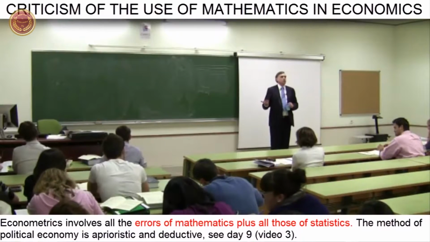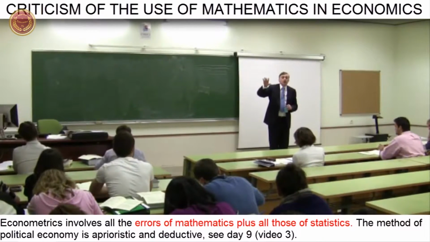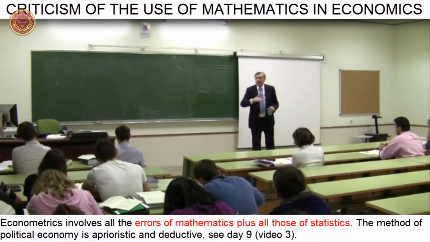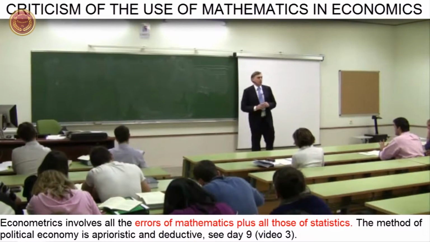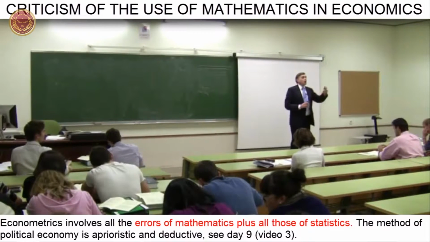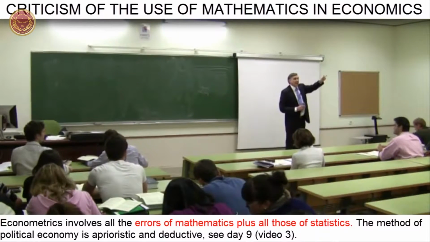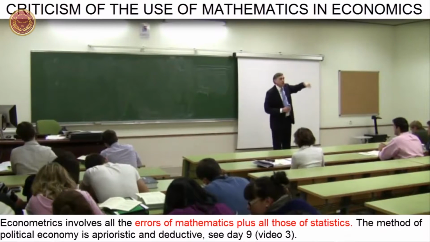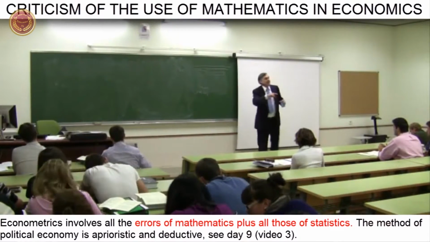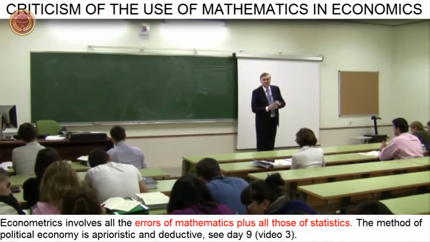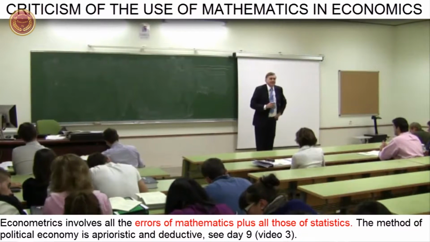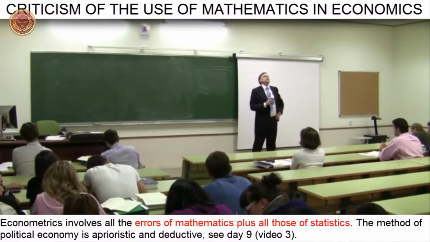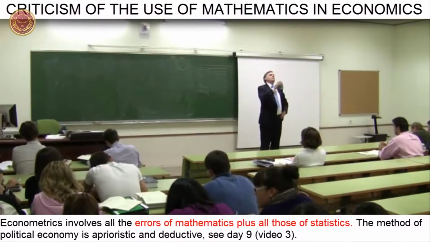Econometrics is a discipline developed by many of my colleagues. It resulted from the fusion of statistics and mathematics and their application to the field and discipline of economic science. As is logical, econometrics is doubly flawed, because it combines all the errors of statistics with all those of mathematics. The slogan of the Econometric Society is, "Science is measurement." What a pompous slogan.